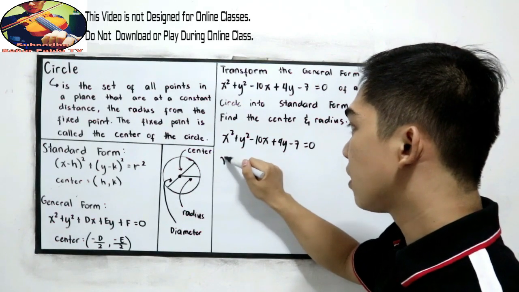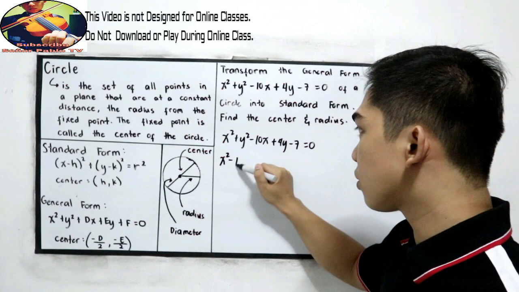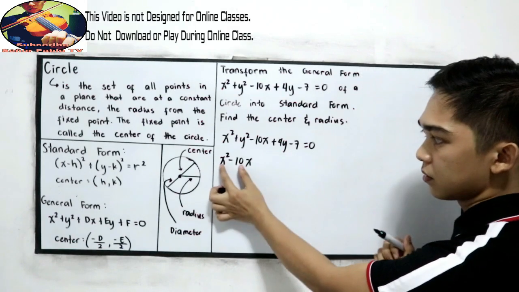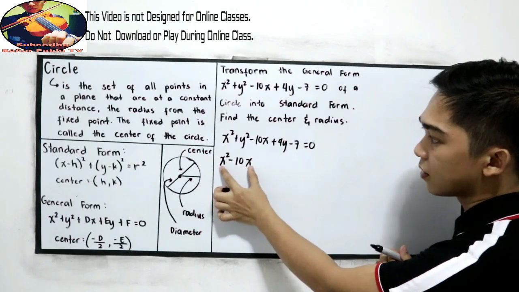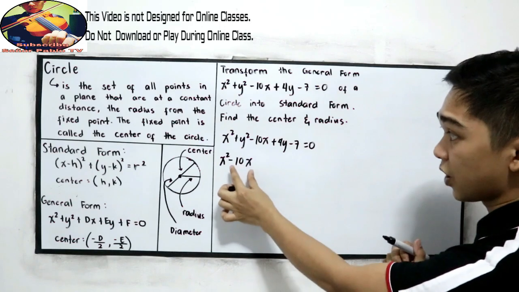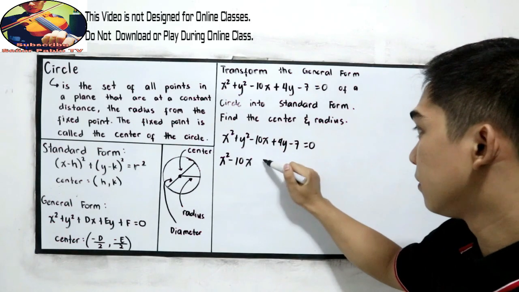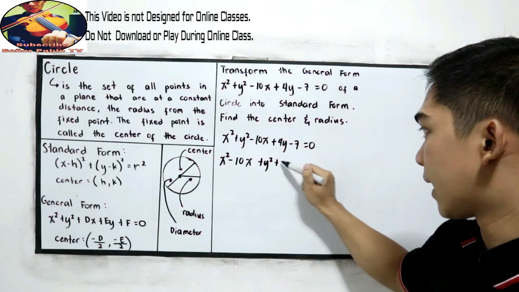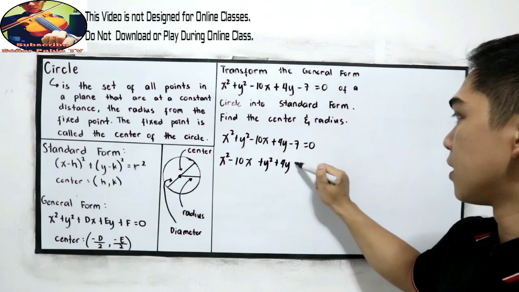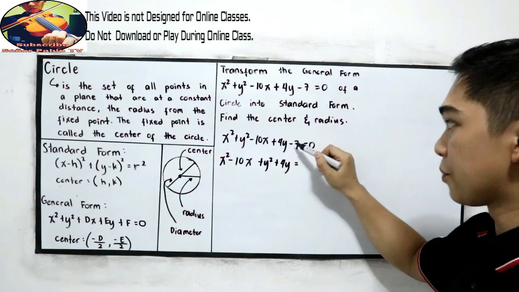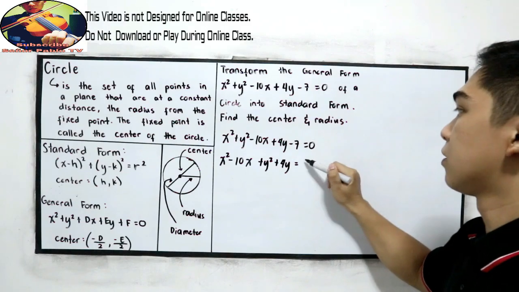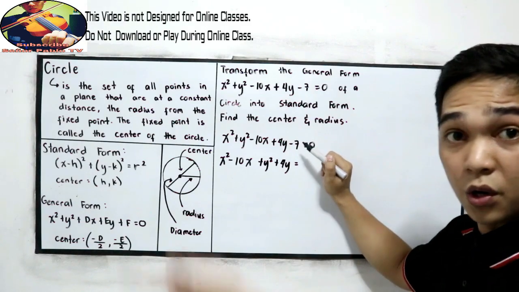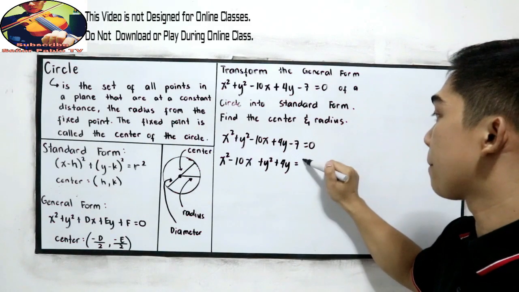So we have x squared minus 10x. So x and x must be written beside each other. Then plus y squared plus 4y is equal to, addition property. So, in short, we're going to transpose. That will become positive 7.